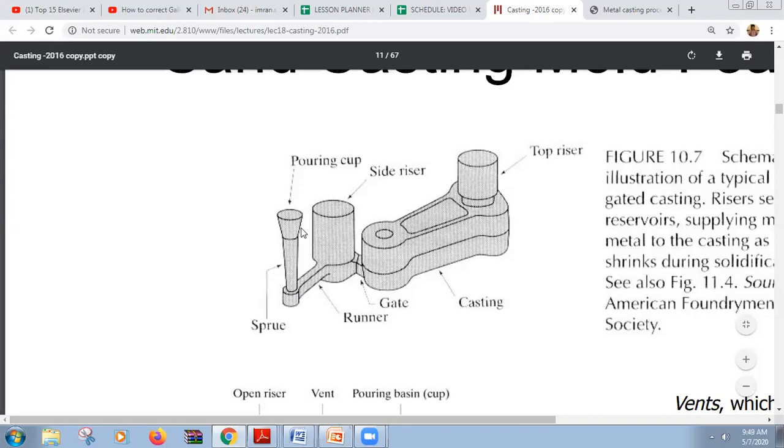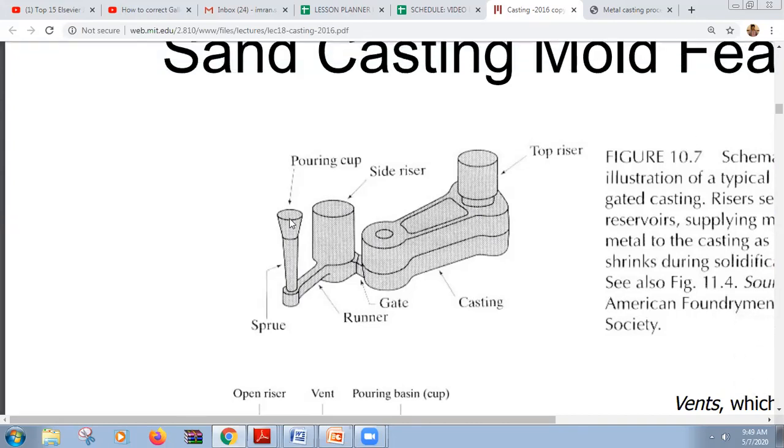Given the nature of the casting, these parts are projections or extra metal that has solidified with the part. So when the cooling is done, these parts are cut. Cut from here and from here.